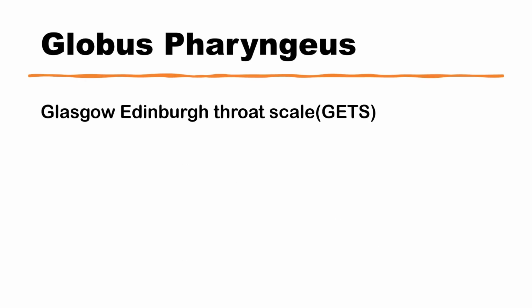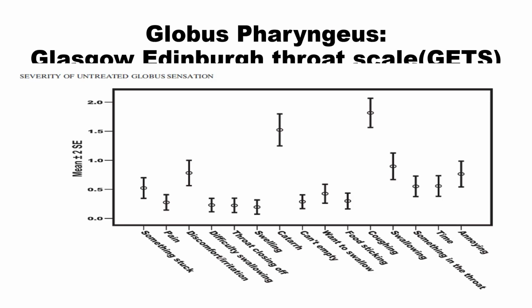We move now to scoring symptoms for Globus Pharyngeus using the Glasgow Edinburgh Throat Scale, the GETS. Several patient symptom questionnaires have been used in the management of Globus patients. One particularly useful scale is the Glasgow Edinburgh Throat Scale, which allows the patient to grade the severity of one of the 15 different types of throat symptoms.